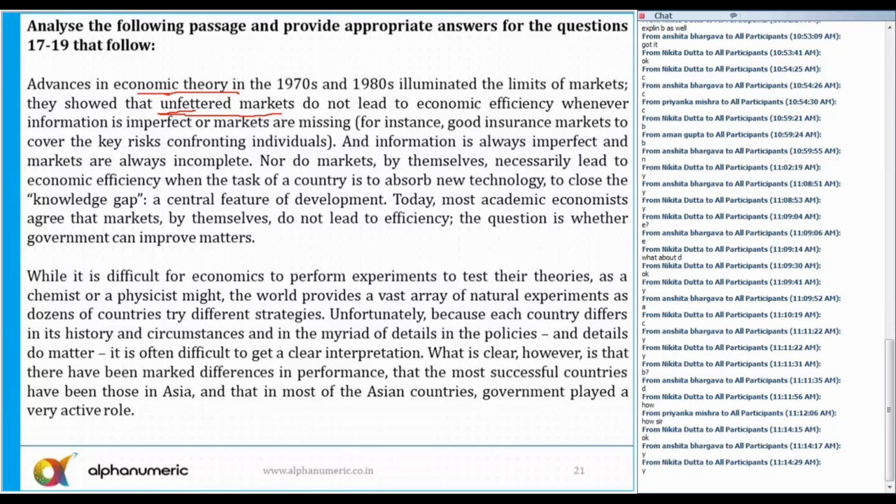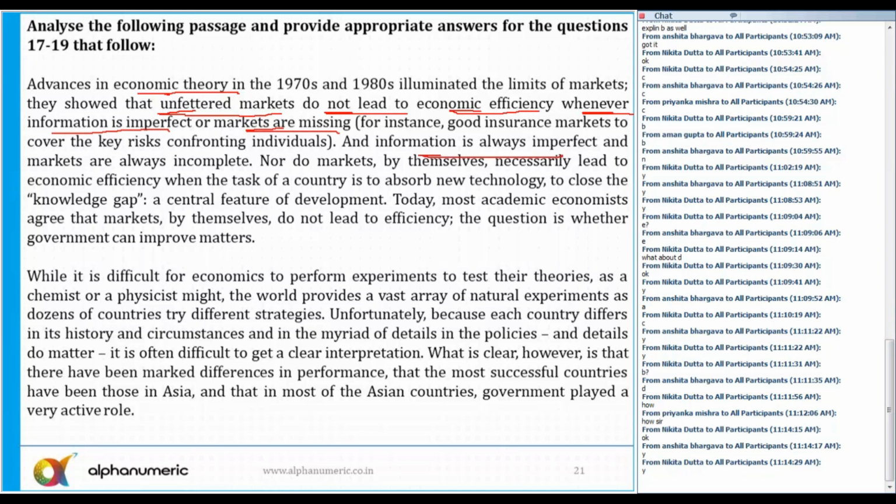But we have seen that free markets do not lead to economic efficiency. When do they not lead to economic efficiency? Whenever information is imperfect and wherever markets are missing.